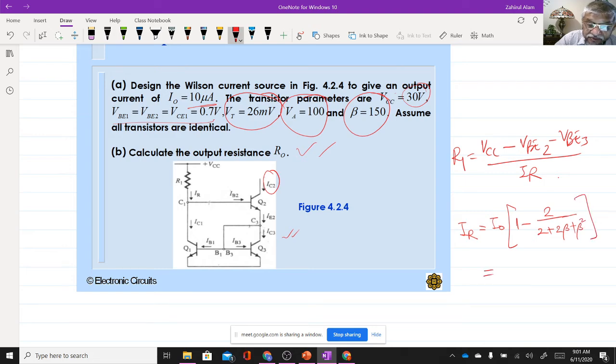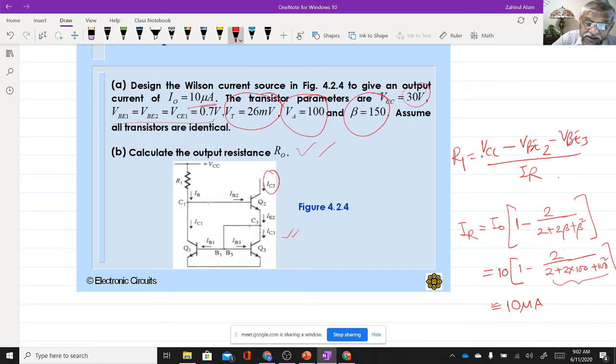So now we substitute 10 over (1 minus 2 over (2 plus 2 times 100 plus 100 square)). So now it is almost equal to 10 micro, very close to the output current, because this quantity is very large compared to 2. So now we found this one.